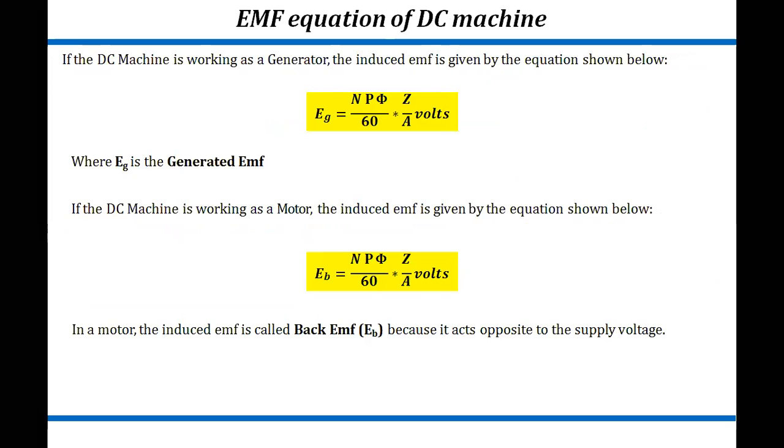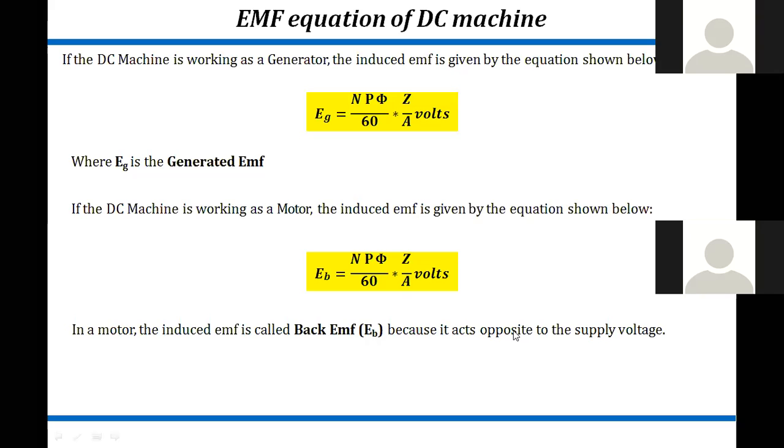But when the DC machine works as a DC motor, the induced EMF works in the opposite direction with respect to the supply voltage. That's why we call that voltage the back EMF, because it works in the opposite direction with respect to the supply voltage.